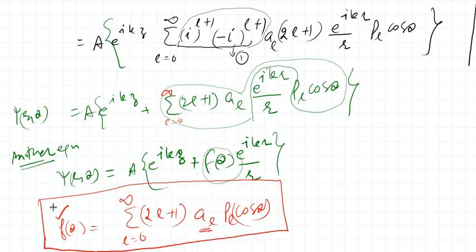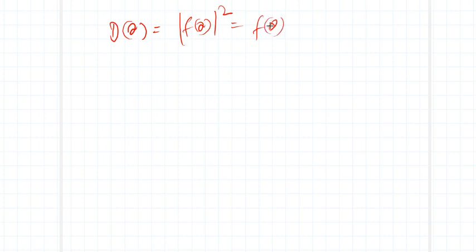And then let us define the differential cross section, d sigma by d omega, and it is mod f of theta square. So it can be f of theta into f of theta star, in terms of star, if something is complex. What does it mean?